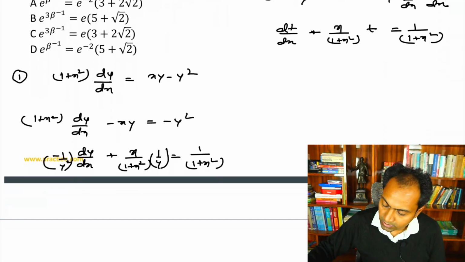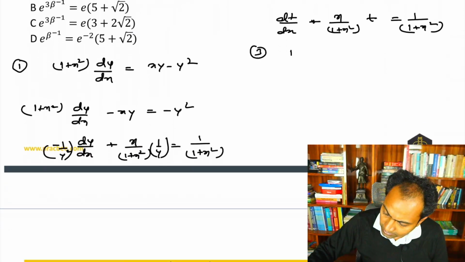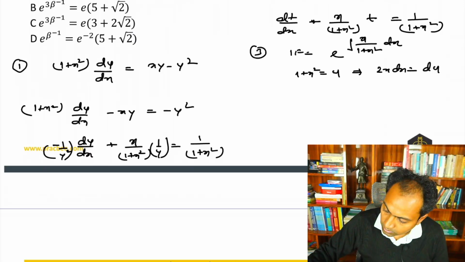Now, in the next part, the third part, we can find the integrating factor. E raised to the power integration of x divided by 1 plus x square dx. So here if I want to integrate, I will put 1 plus x square as nothing but u. So 2x dx will be equal to du.